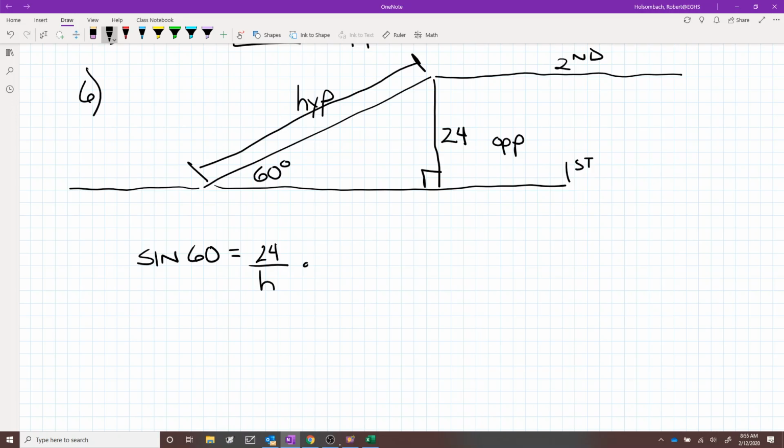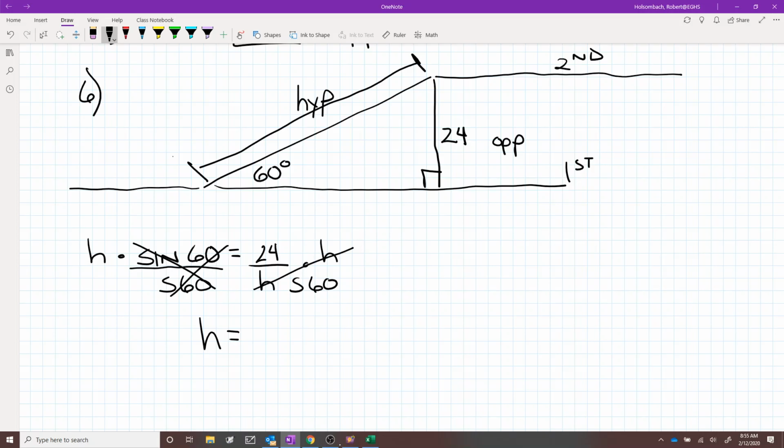So if we multiply both sides by h, the h's on the right will cancel, and then we're going to divide both sides by sine 60. That will cancel the sine 60s. So h is equal to, in your calculator, 24 divided by 60 sine equals.